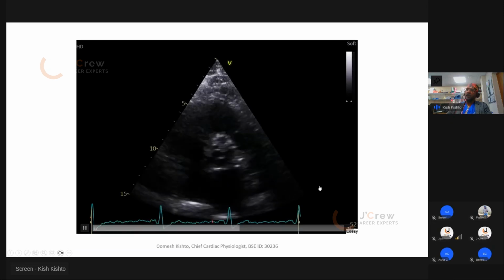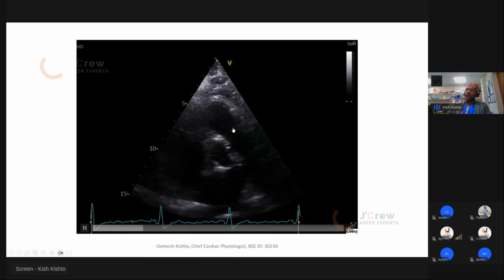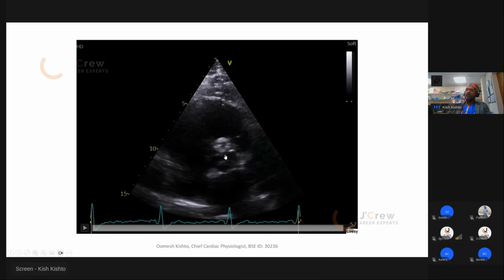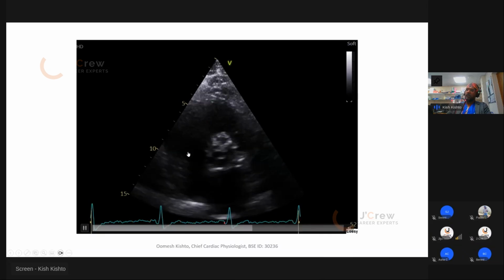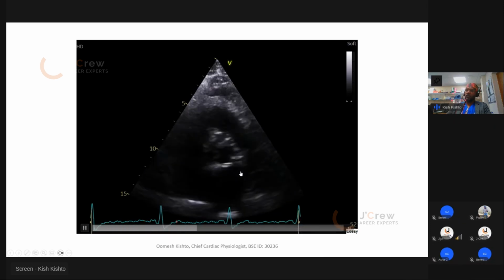And so then you go to your short axis view. The short axis view, again, you're looking at your heart cross section. As you can see, the whole of the annular base of the aortic valve is quite thickened, calcified. So we will look at this a bit more clearly now.